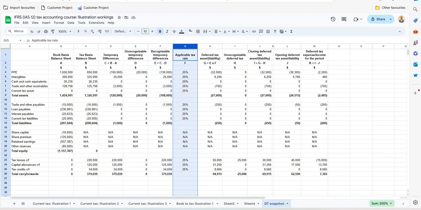And the next point, which is F in this case, because I'm focusing on row 2, is your applicable tax rate. In this case, I've assumed that it is 25%, but it will be different in your own case, or it can be the same depending on what jurisdiction you are operating from, or what is applicable to the asset or liability.